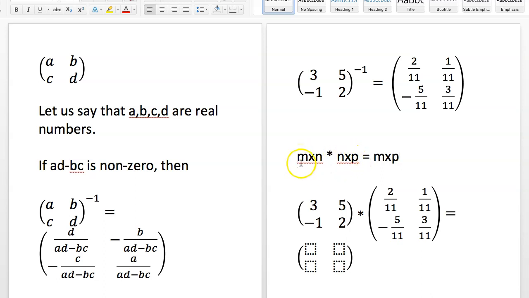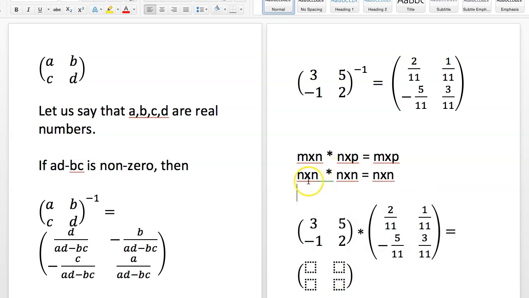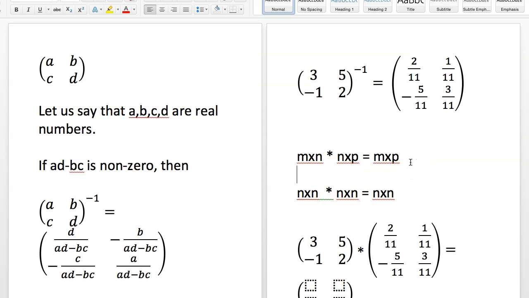But lucky for us, we just have n by n times n by n, and there's nowhere to go. It's just n by n. So we are lucky indeed here. This is a special case. In general, if you're not square, you have to do the m by n times n by p is m by p.